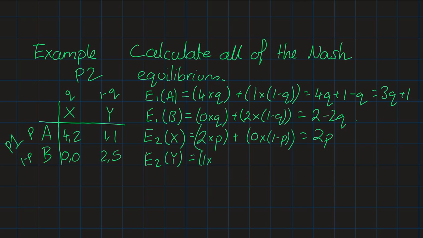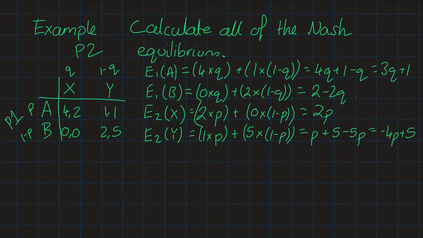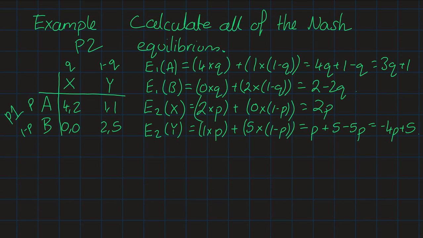So that's 1 times P plus 5 times 1 minus P, which is P plus 5 minus 5P, which is minus 4P plus 5.